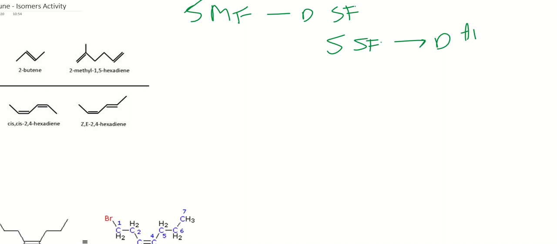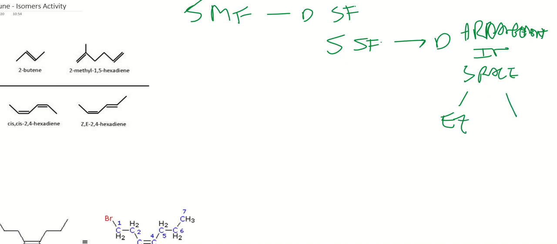Okay, and there's two ways to do it, as the website, your notes and everything says. There is EZ and optical, and this I'm on the right side of the screen. Let's go down here.